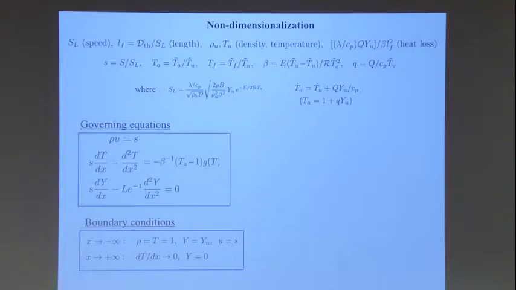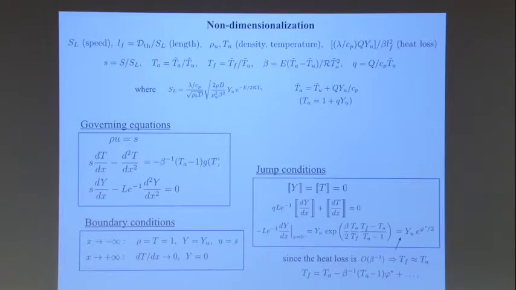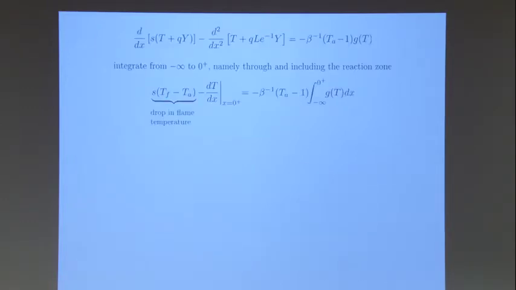In other words, if the reaction sheet is at 0, I'm integrating up to 0 plus, okay? Now remember that in the sum of these two, even when you have the omega here, the omega cancels out. And so this is in some sense exact so far, okay?